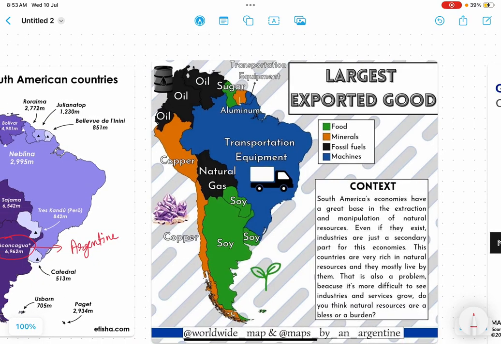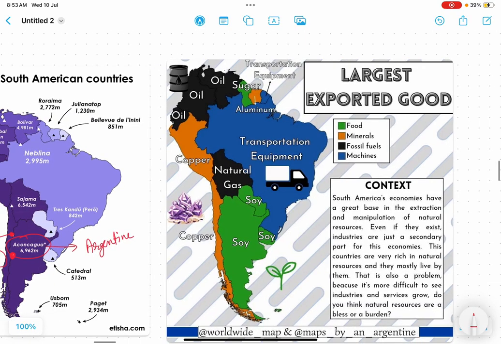As you can see, we have oil here, and all of these three countries are exporting oil, whereas right here we have Bolivia, which is also exporting natural gas, while Uruguay, Paraguay and Argentina export soybean, right?